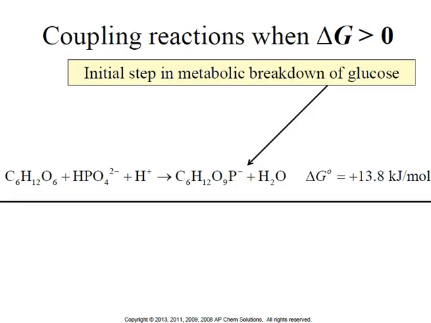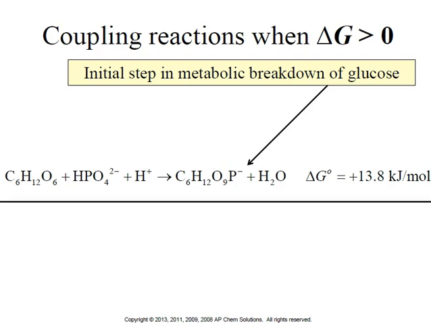Another thing that can occur is something called coupling. This is kind of the opposite of photosynthesis: when our bodies start to break down glucose, we think of breaking it down as a change that's going to give us energy, right? It must be favorable because it's happening inside our body all the time.